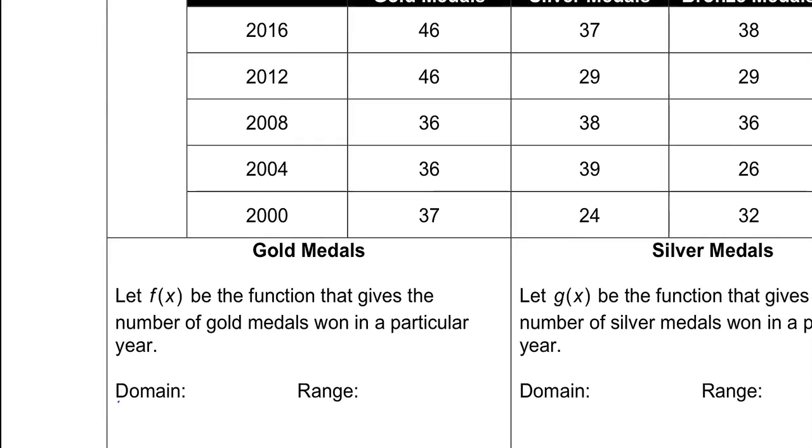I'm going to have to kind of write small. It starts with 2000, which is at the bottom, and then 2004, 2008. I'll go to the next line. 2012, and then 2016.